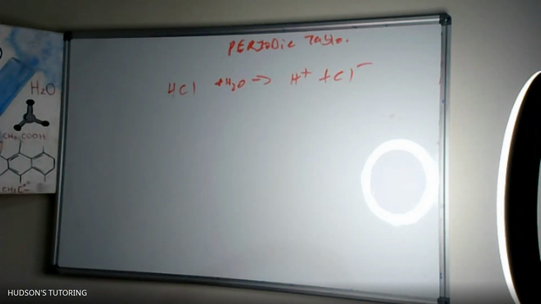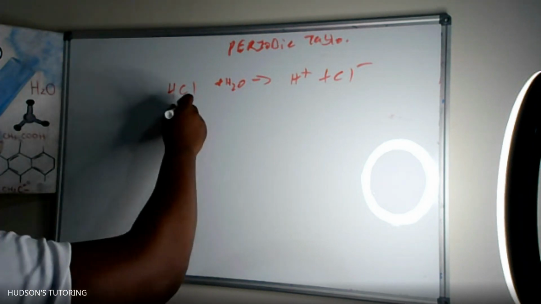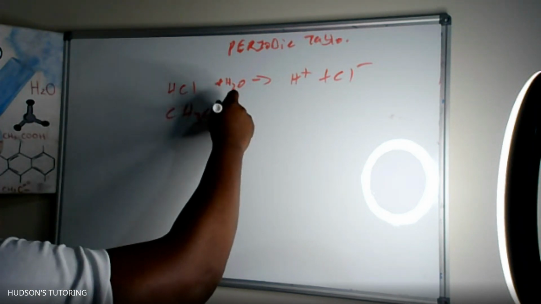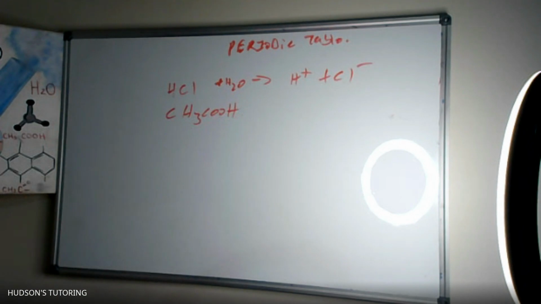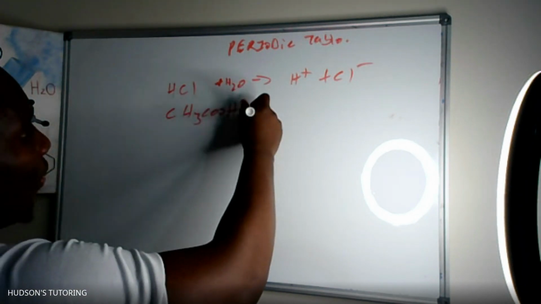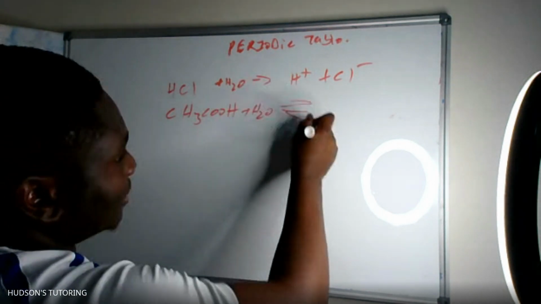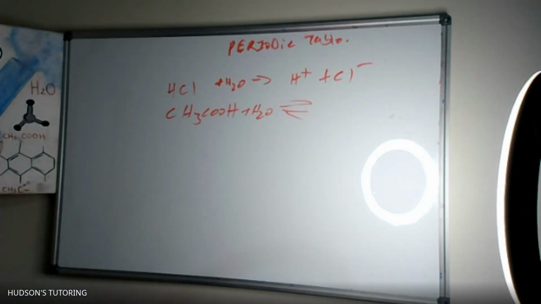All right. You also have weak acids that are now incomplete dissociation. So incomplete dissociation, meaning that if you have something like CH3COOH, which is ethanoic acid, right? And it's placed in water, then you're gonna get what is known as an equilibrium, right? When you reach A level, we'll dissect this some more.